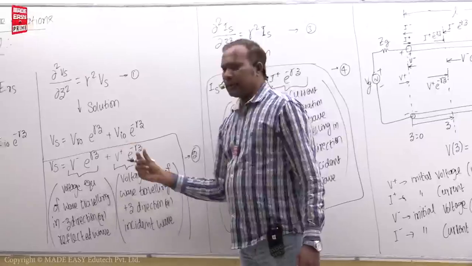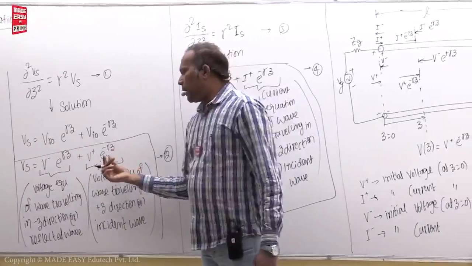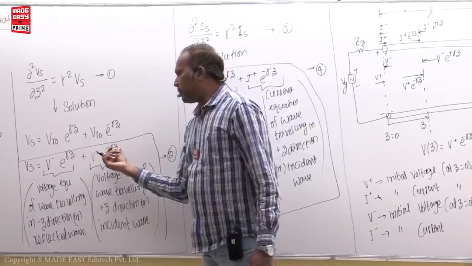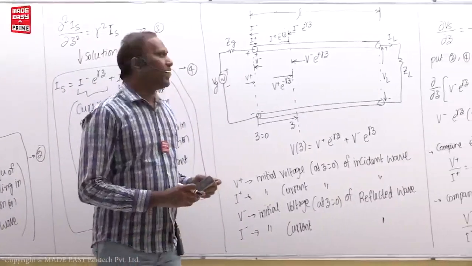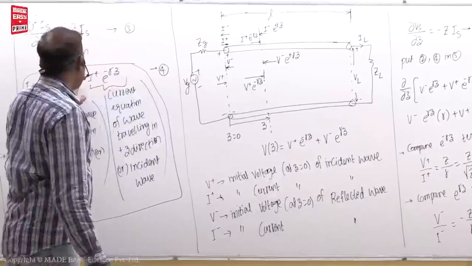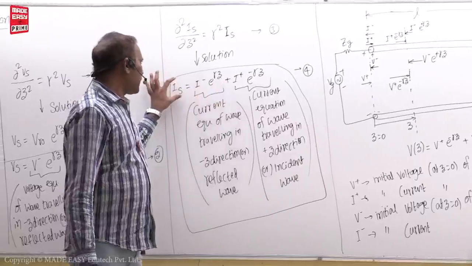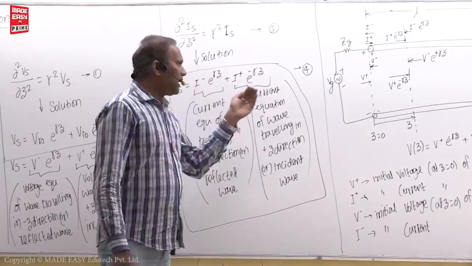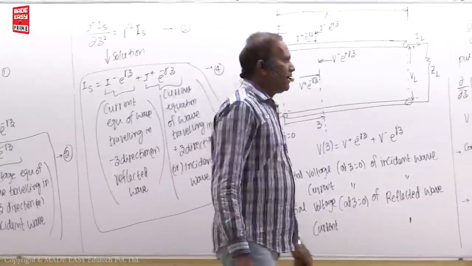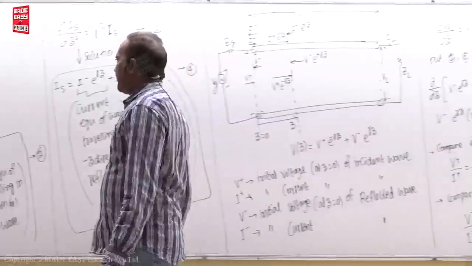Similarly, in the current equation, you put Z equal to L, the total length of the transmission line, and you get total current at the load. So VL by IL, that is the equation. I am writing that here.